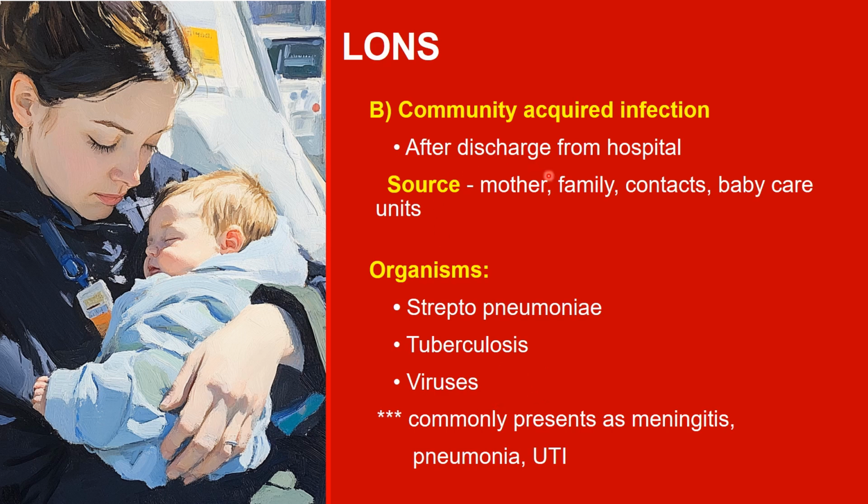And in the late onset neonatal sepsis, the predominant clinical feature will be meningitis, and there can be pneumonia, UTI also. But always remember, while doing workup for the late onset neonatal sepsis, you have to always do the CSF analysis to rule out meningitis, which is a very important workup for the late onset neonatal sepsis.